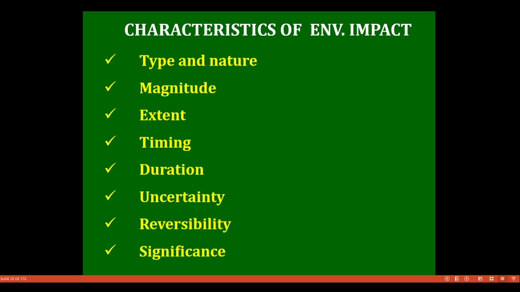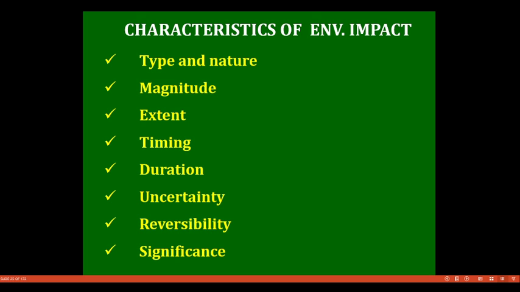Then uncertainty of impact. Some impacts may be very significant, but we are not sure whether they will happen. For example, oil spillage in the ocean. Many ships transport a huge amount of oil in oil tanks. Once some spillage happens, it will have an impact, but we are not sure when it will happen.